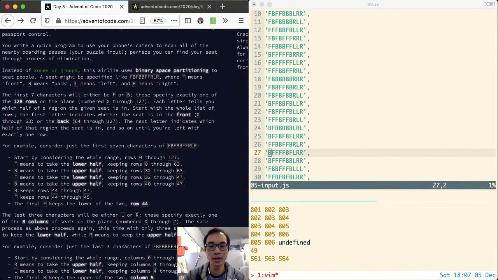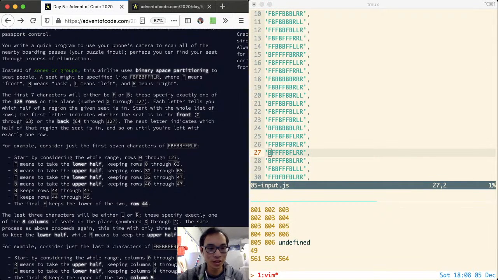It has 128 rows labeled 0 to 127, and instead of telling you a number for your row, it tells you to start in the middle and then pick front or back. Say it says front. Now stand in the middle of the front half and check the next letter. Oh, it's front again. So now stand in the middle of that front half and keep going until you reach your number.